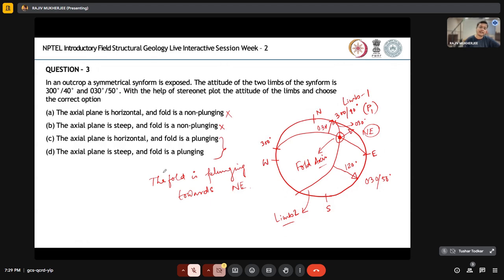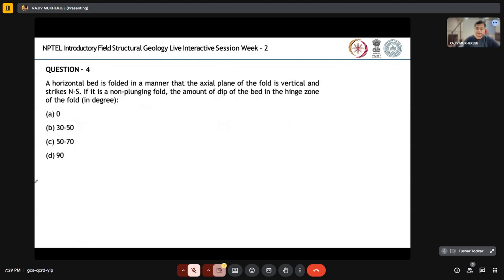So it is definitely option D, because we do not know how much the axial plane is dipping, but for sure it is not horizontal and the fold is also plunging. So option D seems the right answer in this case. Okay, so we have solved 3 questions. Let us now move on to the next question.